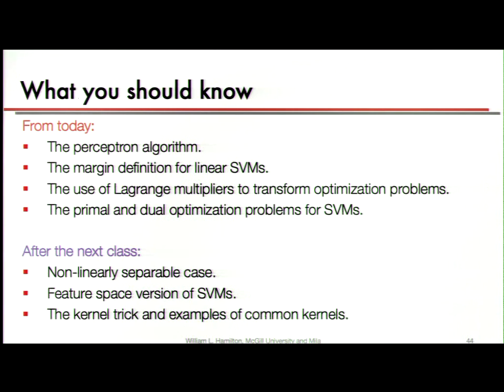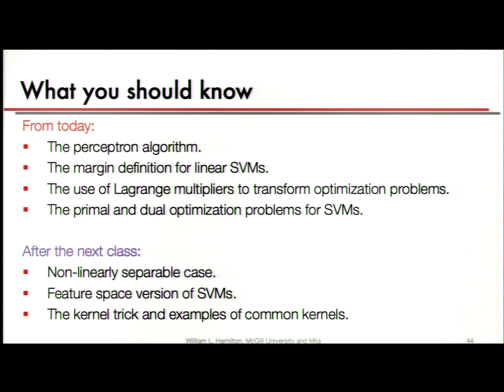So what you should know for today is the perceptron algorithm. I think everybody was fully on board with that. This very simple approach to learning just by either subtracting or adding our input features to our weights. And then we went on to this idea of the margin: we don't just want to have some separating hyperplane, we want the best separating hyperplane, the one that maximizes the margin. Then we talked about how to write this down as a constrained optimization problem.